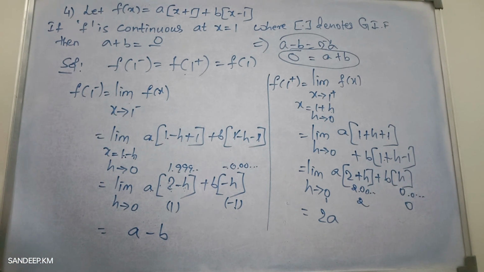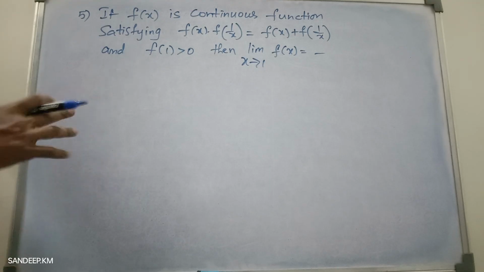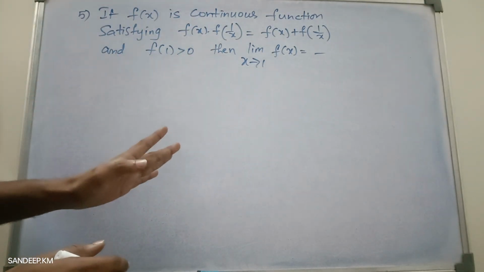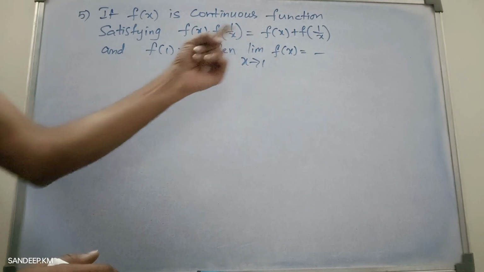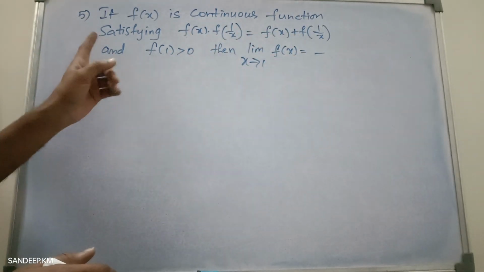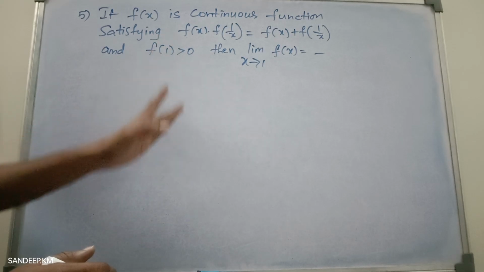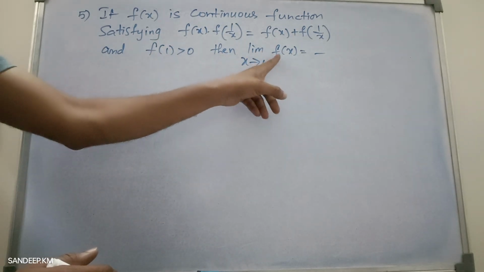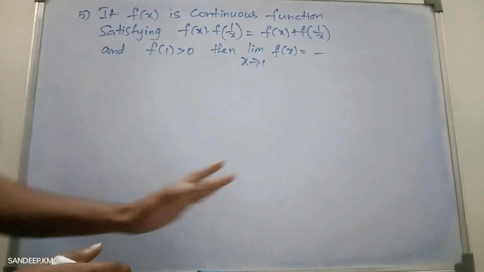Let us go for next question. Here is a question which is easy. If f of x is a continuous function, satisfying this functional relation, okay na? And at the same time f of 1 is greater than 0, okay? They told us to find the limiting value of f of x when x approaches 1.